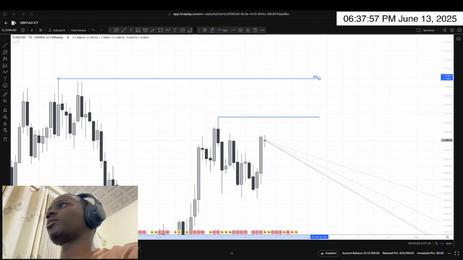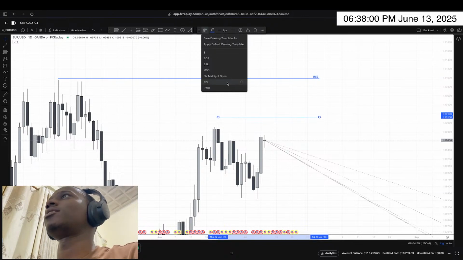Okay, all right. So since we're on the daily time frame, we have two levels of buy side liquidity.